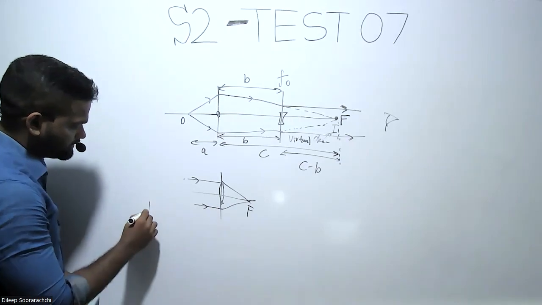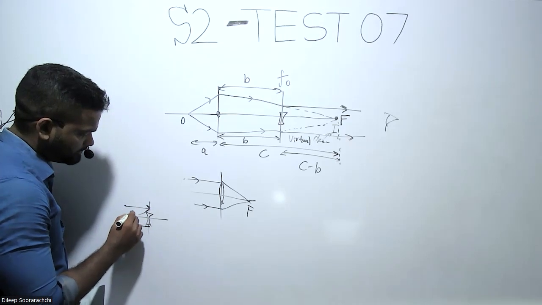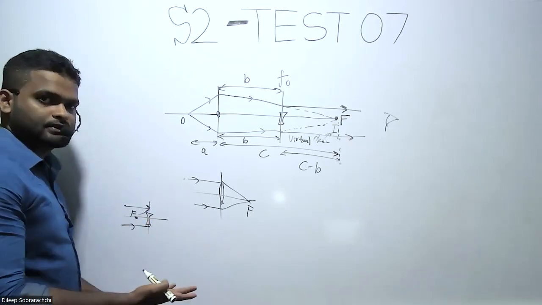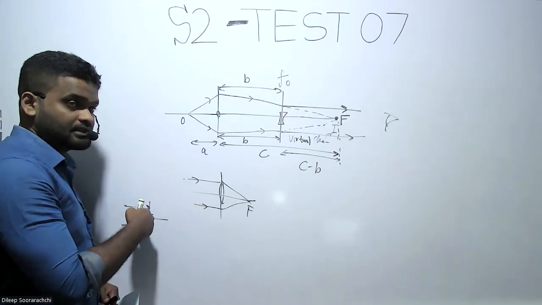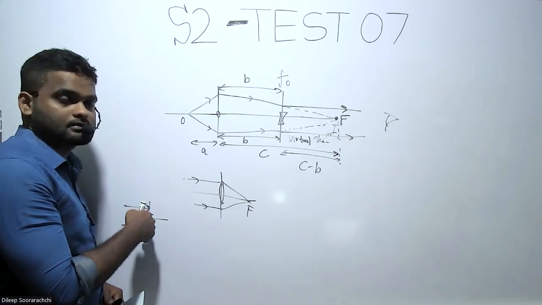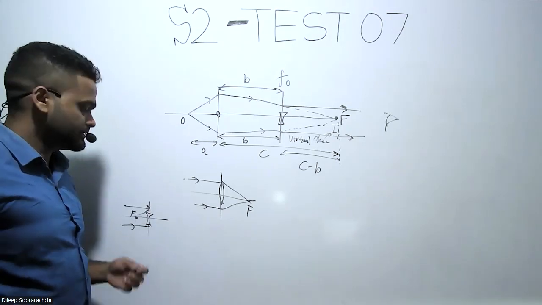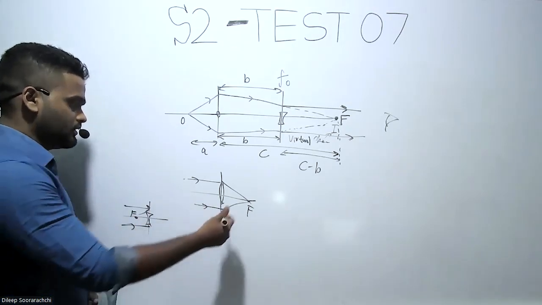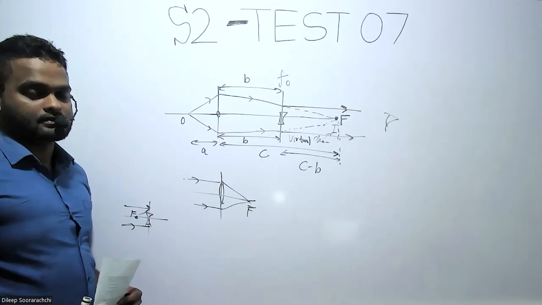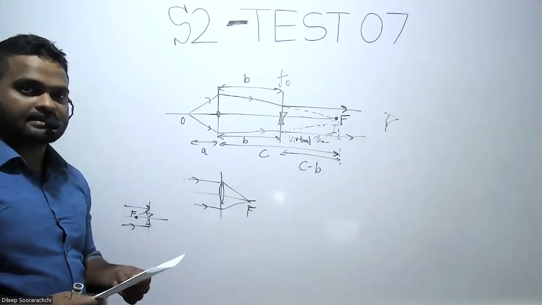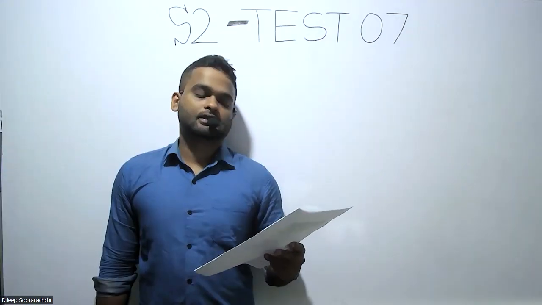In both cases, for the concave lens as well. The inverse also is true. If the emerging rays are parallel, the object is on the focus. That focus we call a secondary focus. This is the primary focus of lenses. You have to understand that theory part well. So the answer should be the fifth one for the sixth question.